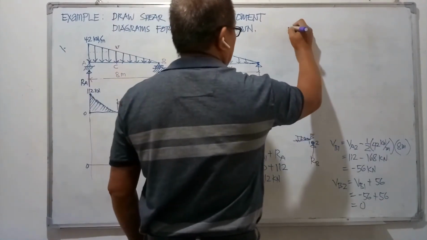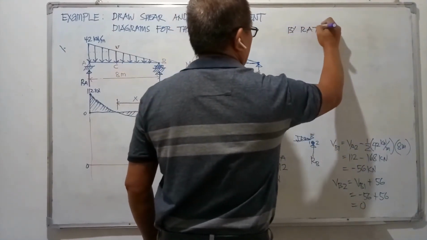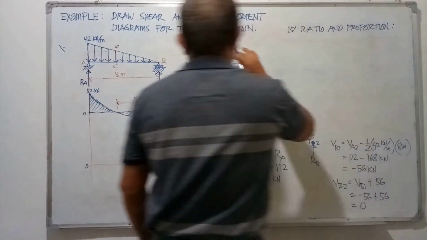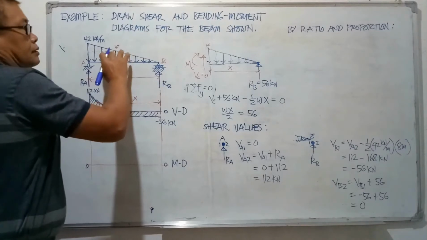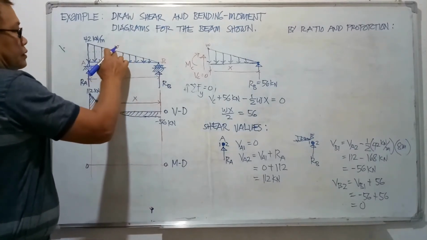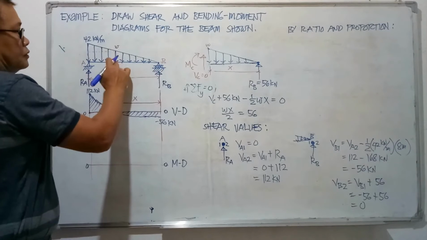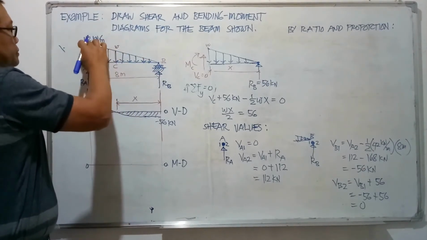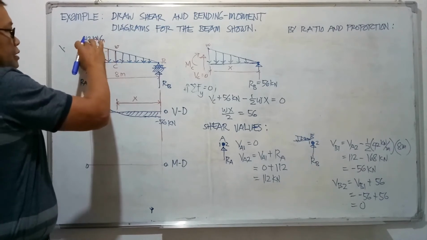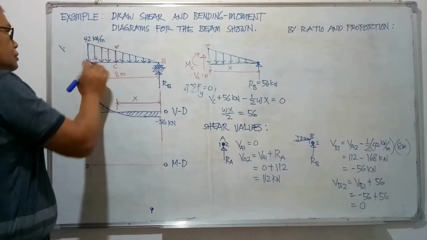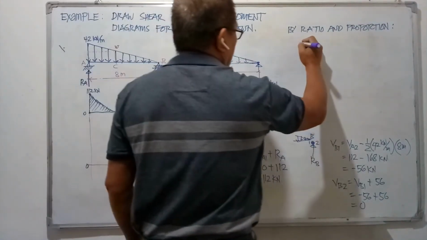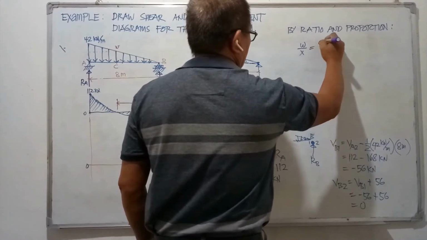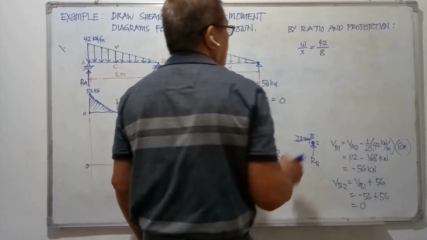So by ratio and proportion, because this is taken from the main beam, you can have the small triangle described by W and then X, and the main beam, which is again maximum magnitude of loading of 42 on the span of 8. So we will have W is to X as 42 is to 8.